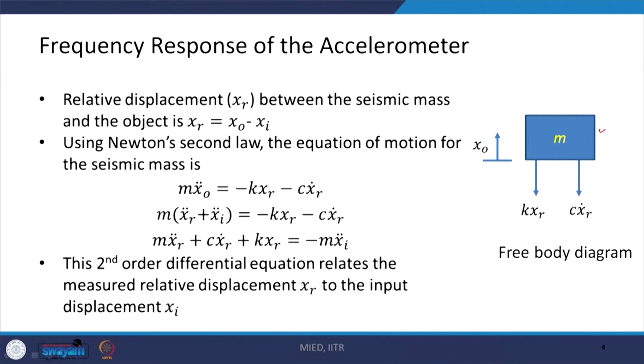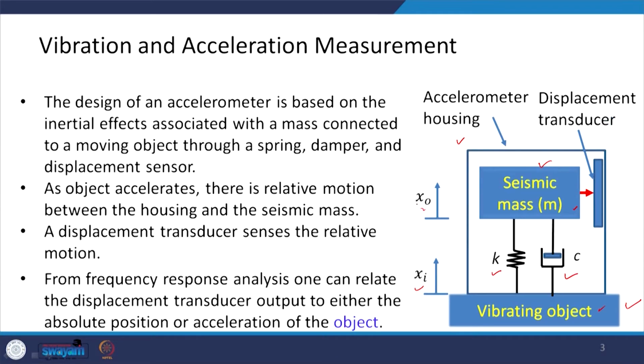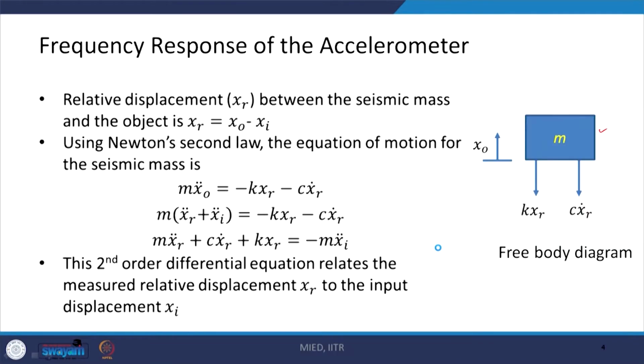To perform the frequency response analysis of the accelerometer, let us draw the free body diagram of the seismic mass m here. I am representing the relative displacement between the seismic mass and the object as xr, that is xo minus xi.